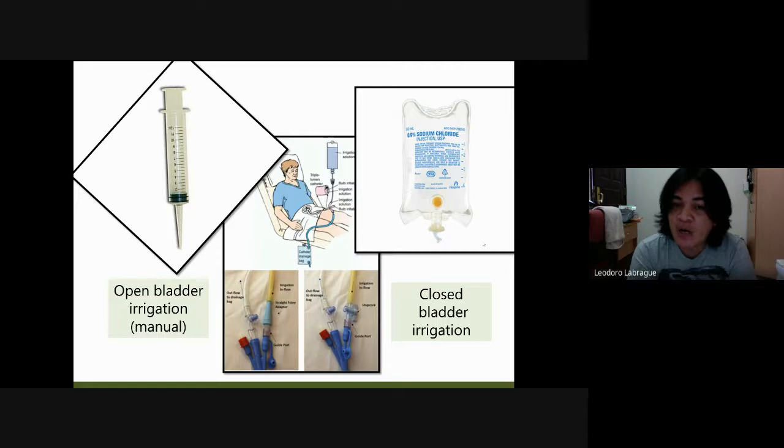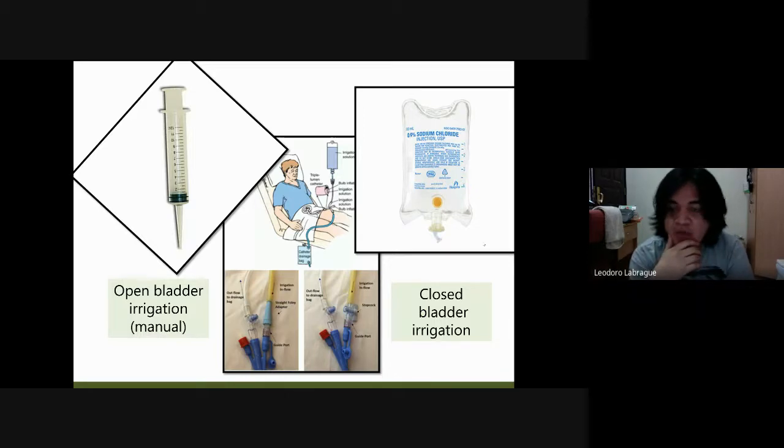This solution will be instilled with the use of the catheter into the bladder, where it will wash or flush blood clots and prevent bleeding of the bladder. And this will be discarded through the catheter drainage bag. That is for closed bladder irrigation.